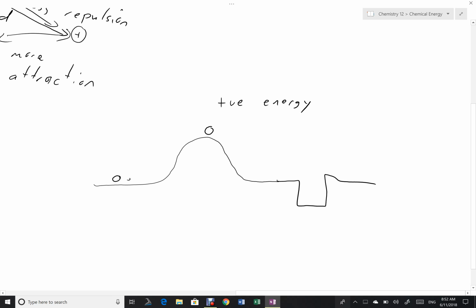We'll call this zero energy right here. What that means is the ball has energy that it's able to transfer to motion. Here we can see that positive energy is an unstable state that wants to be changed into some other type of energy, motion, heat, whatever it is.